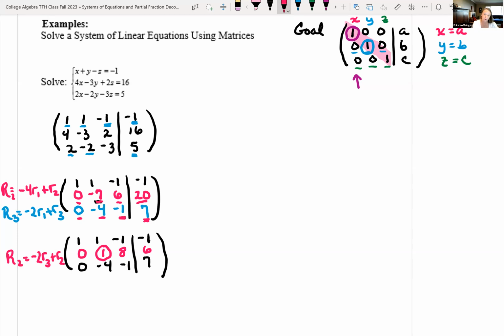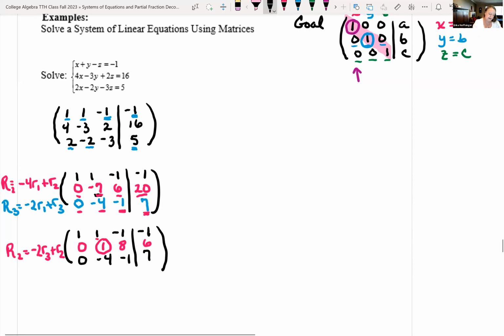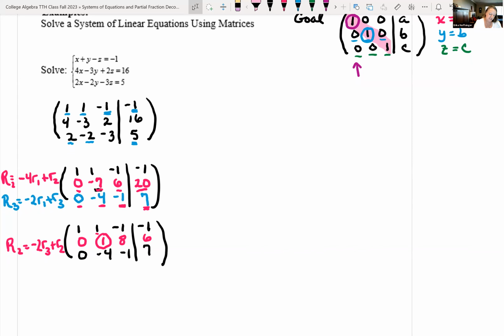We're going to use that row 2 to multiply it by some non-zero number and add it to the row above to get that to be a 0. So I want that 1 above my leading 1 in row 2 to be 0. So let's look at, we're changing row 1.